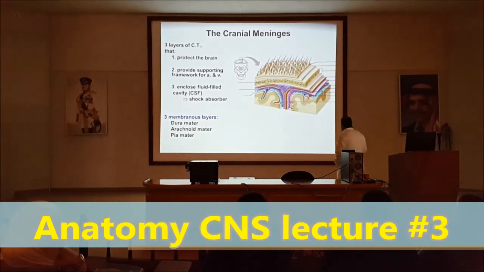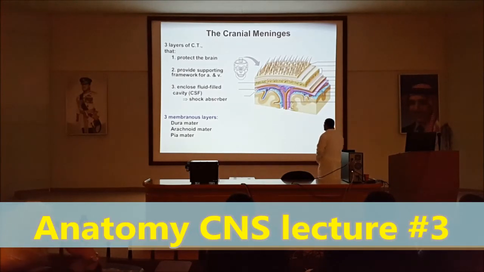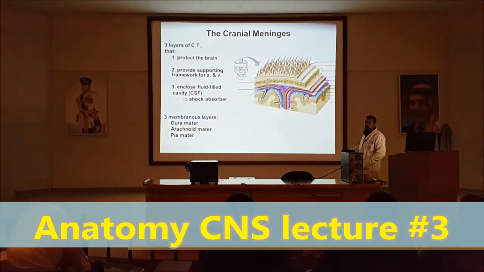So, one of the functions of these meninges is that they provide a framework, a support, for these arteries, both meningeal and cerebral arteries. And we'll go into more detail as we speak about them. And lastly, they enclose a fluid-filled cavity around the brain and the spinal cord. This cavity is filled with a fluid we refer to as the cerebrospinal fluid, the fluid around the cerebrum and the spinal cord.